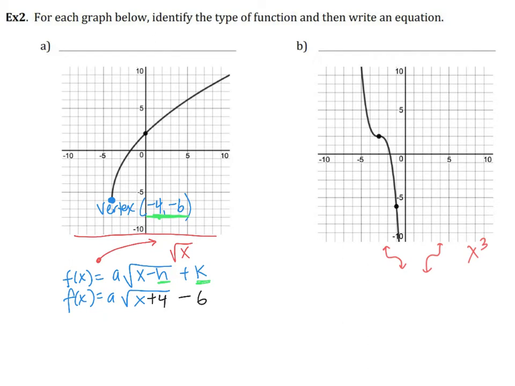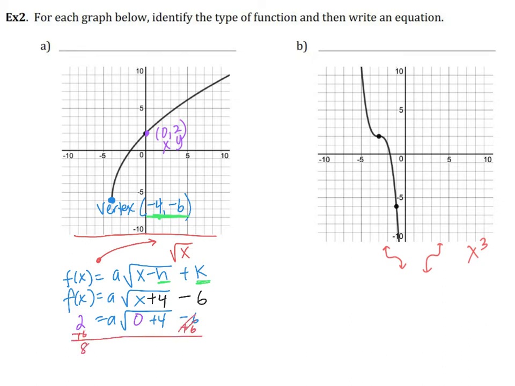So the last thing I have to do is actually calculate my a value. So in order to do that, you can take this point here, which is 0, 2. So that means when y is 2, x is 0. So I plug in 2 for y, I plug in 0 for x, and I calculate. So first thing, hopefully you're saying, oh, I have to add 6 to both sides.